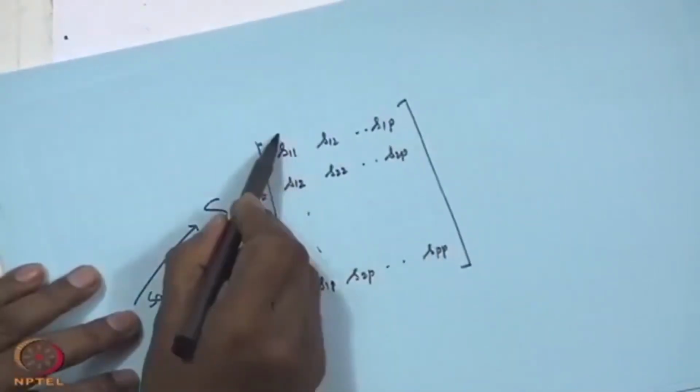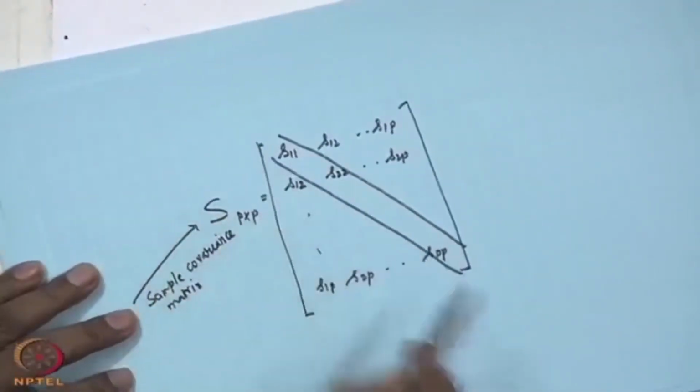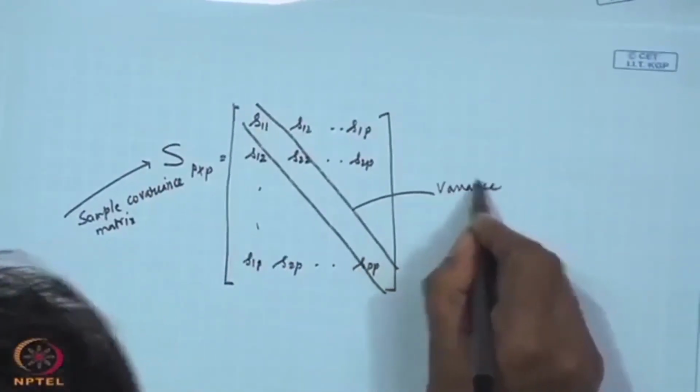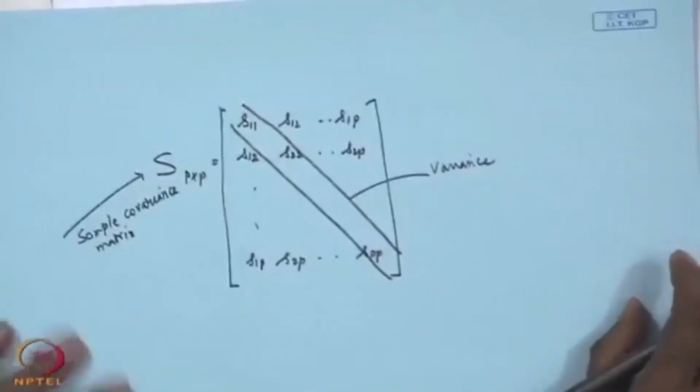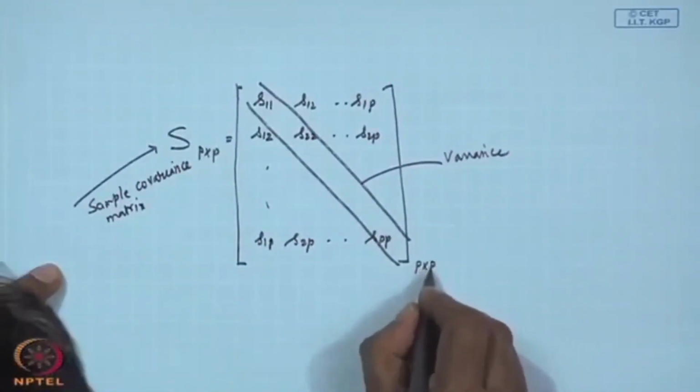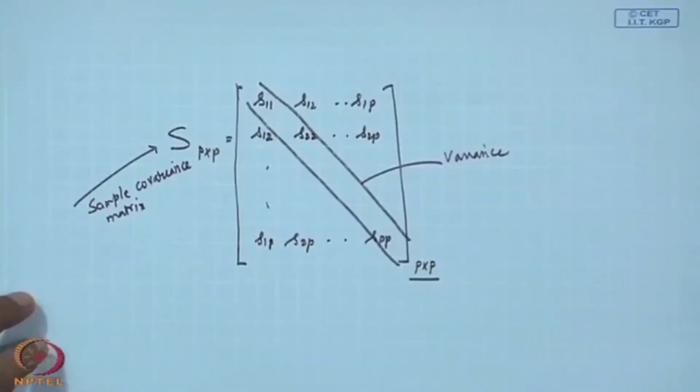So, these diagonal elements are the variance part, and the off-diagonal elements will be the covariance part. Variance and covariance part.